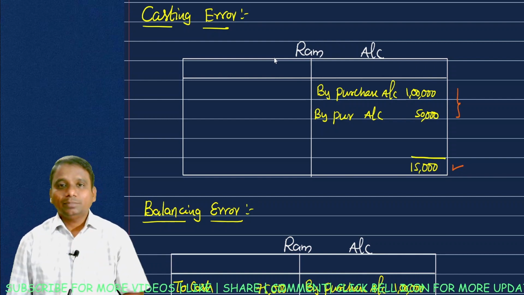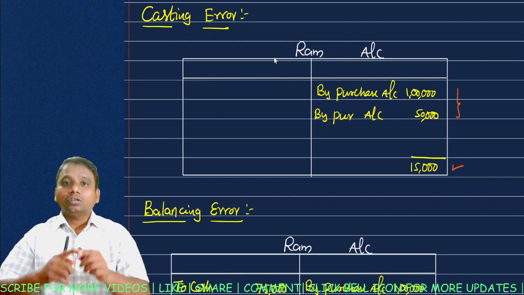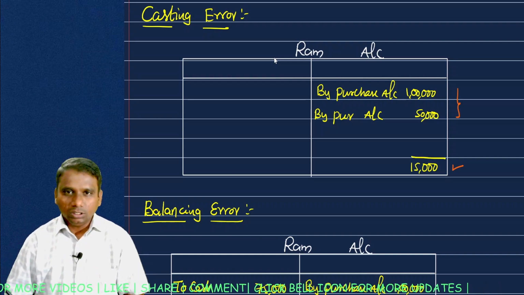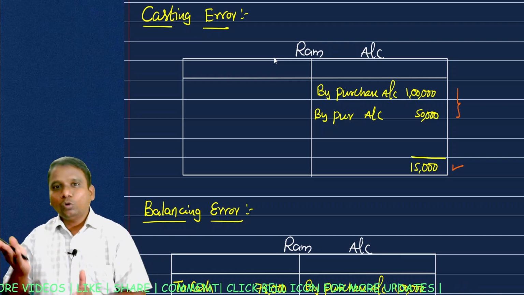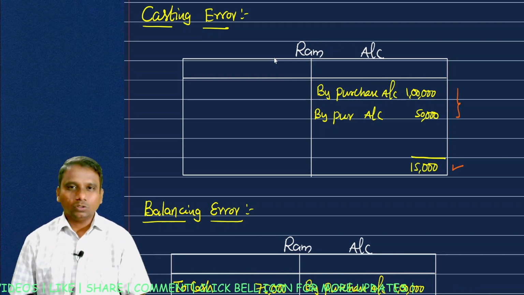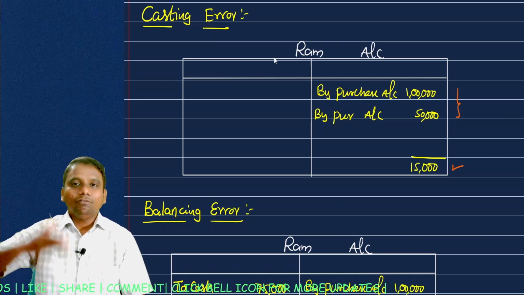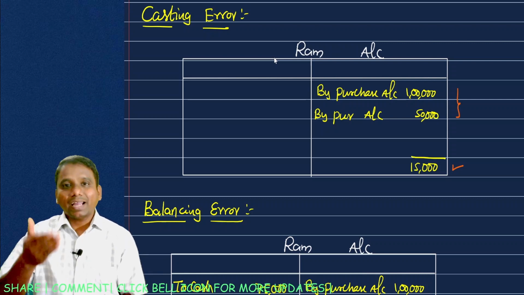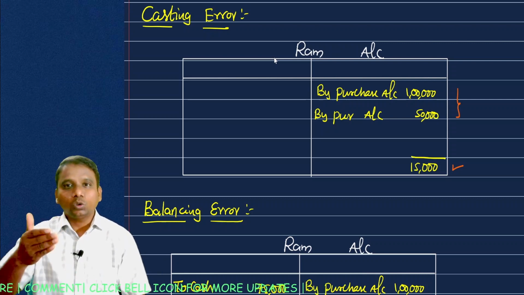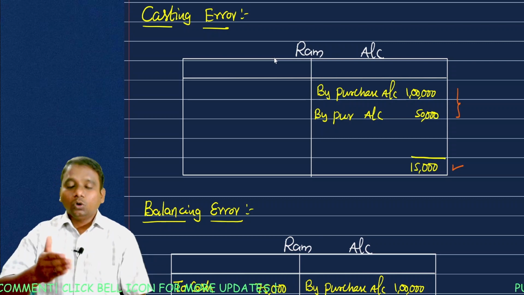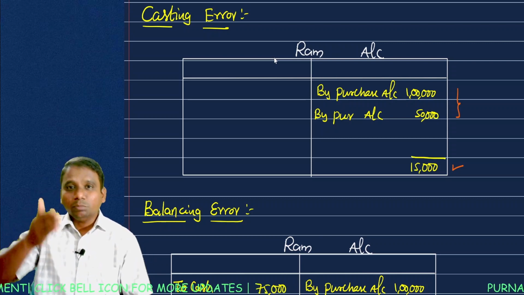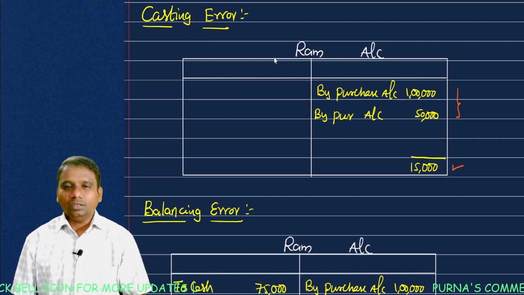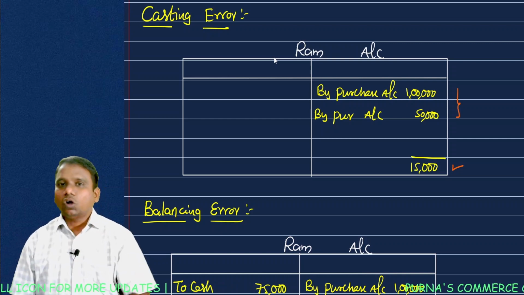We know the concept that subsidiary books are periodically totaled, and this total we post into the concerned ledger account. Yes or no? Yes. While we are totaling the subsidiary book, we may commit some casting error. Casting error means totaling error. So when you have committed this totaling error, automatically the trial balance does not agree.